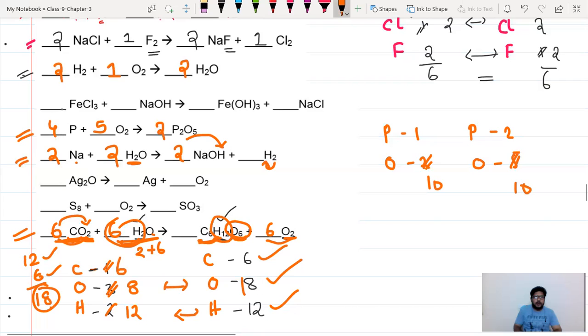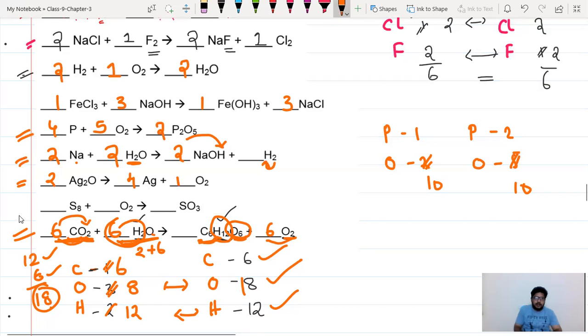Well, coming to this, FeCl3, 1 FeCl3 plus 3 NaOH gives rise to 1 Fe(OH) taken thrice plus 3 NaCl. And if you go with this one, 2 Ag2O gives rise to 4 Ag plus 1 O2.